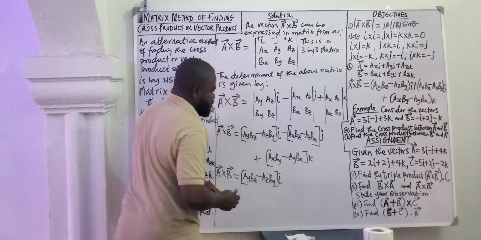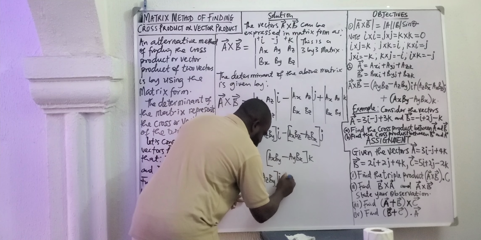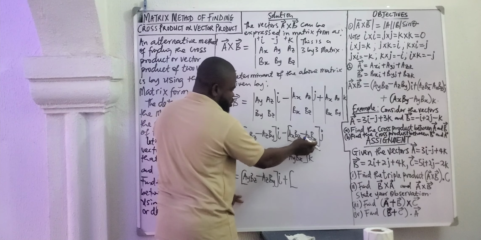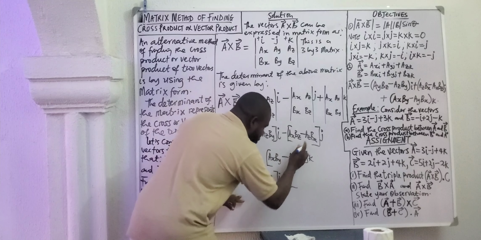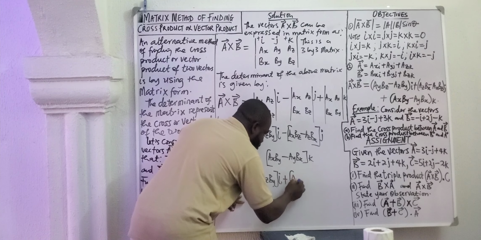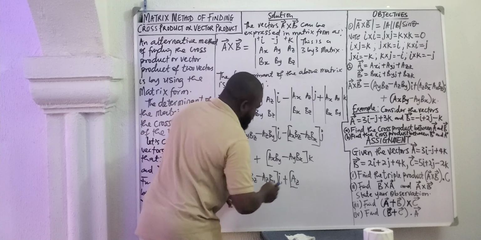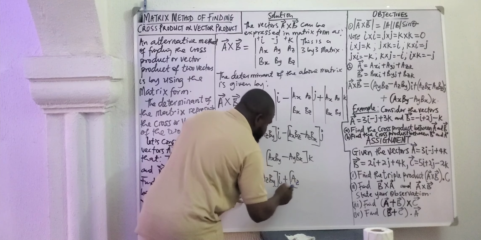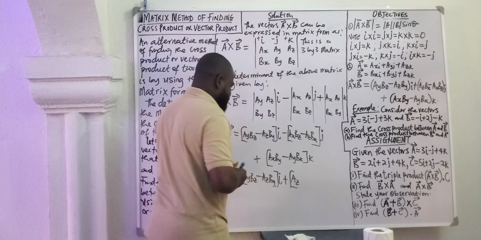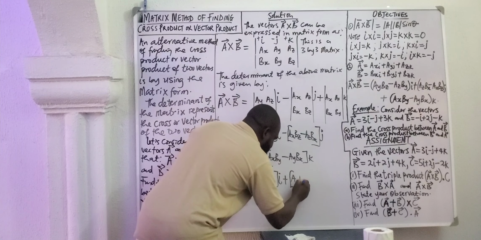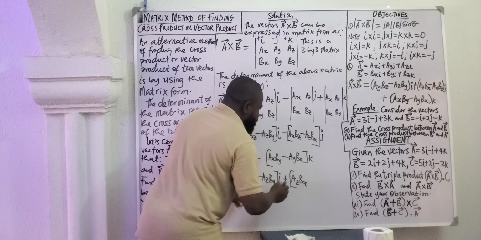Unit vector I. Now this minus, I'm changing it to plus. What will I do? I will interchange this position. So that will give me, this becomes AZ, that becomes, okay, that's plus AZ BX.